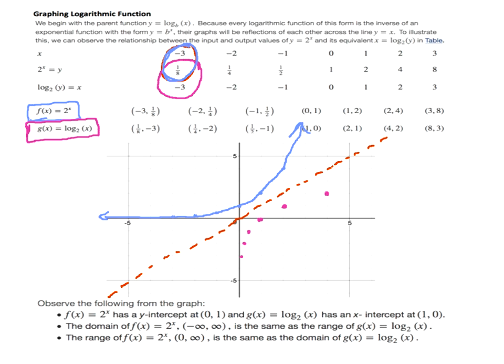Okay, so now the y-axis is a vertical asymptote. And you can see that my functions, sure enough, reflect across the identity line y equals x.